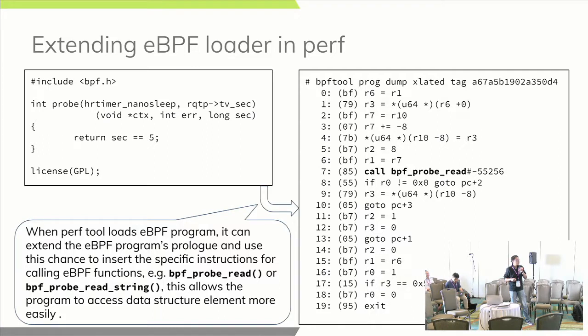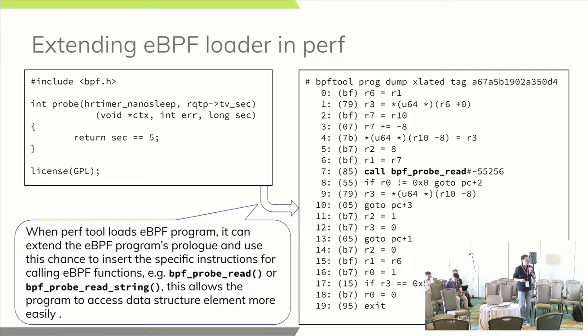The Perf tool wants to do one thing: extend the function, the program's prologue. We can see that this program is actually very simple, just one statement. But after the Perf tool extends this program, it becomes more complex than the C code.